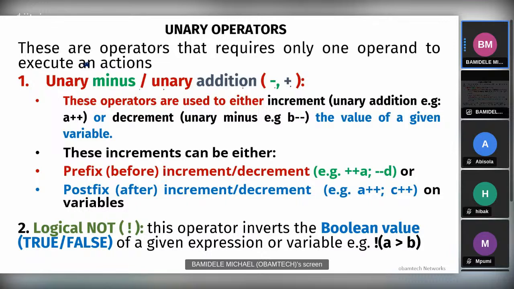These operators are used to either increment, that is unary addition, for example a plus plus, or decrement, in this case using unary minus, for example b minus minus, the value of a given variable.